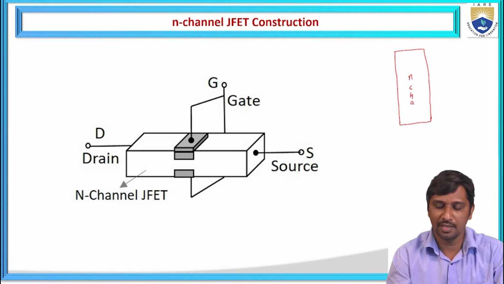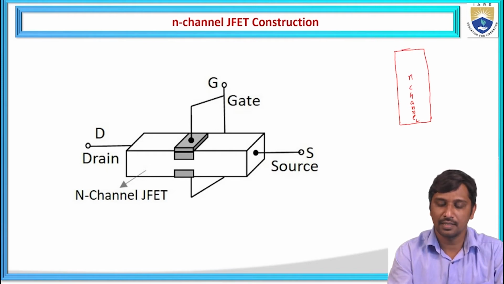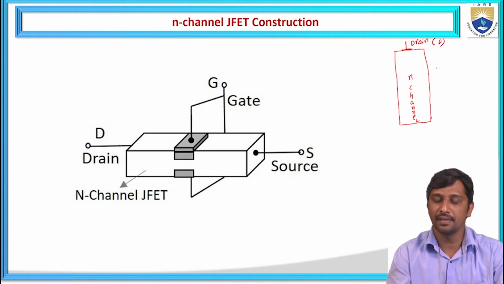So this N type bar is represented as the N channel. At one end an electrode is connected, called the drain, represented by D. On the other side, another electrode is connected as the source, represented as S.